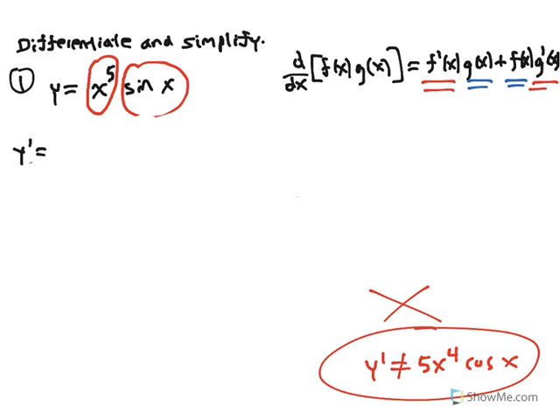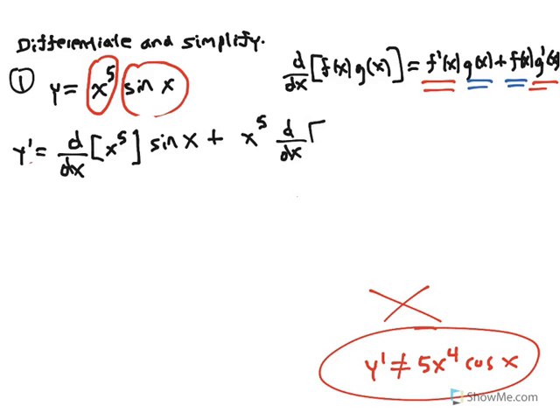So to help you carry that out correctly, you can use this notation. The derivative with respect to x of the first function times the second function plus the first function x to the 5th times the derivative with respect to x of the second function.